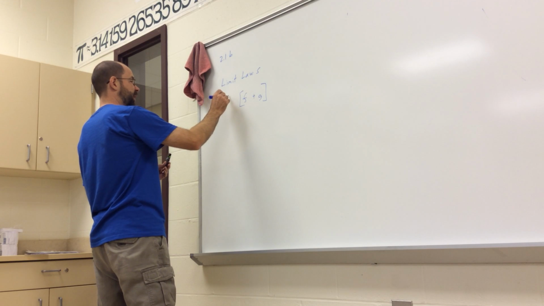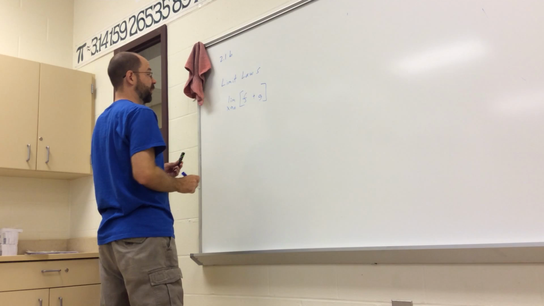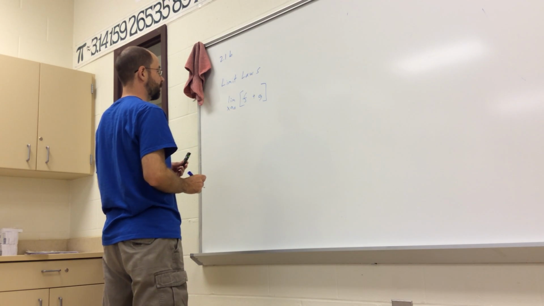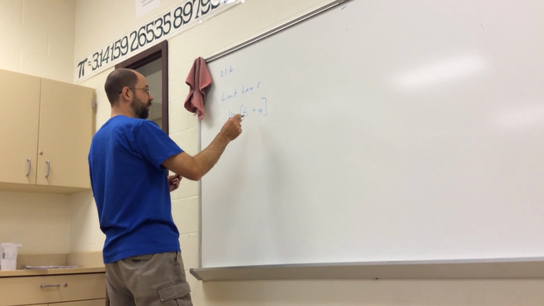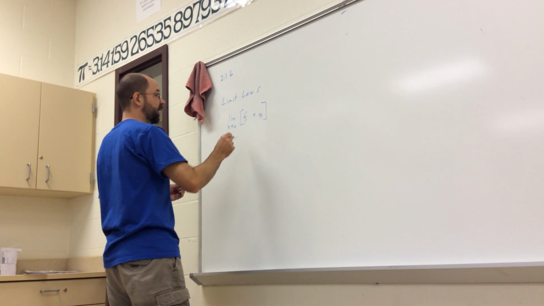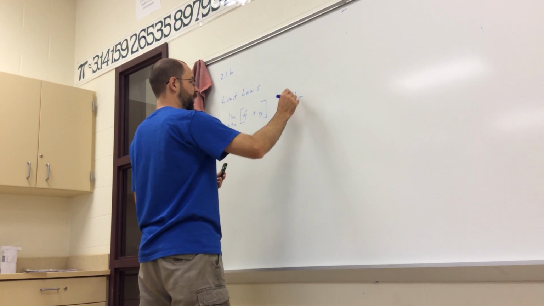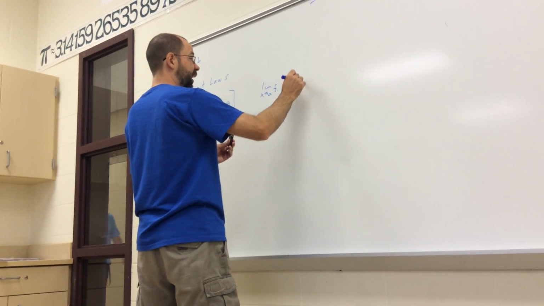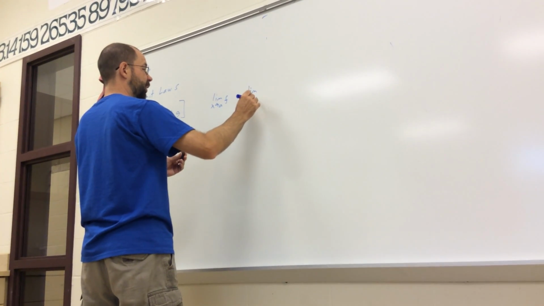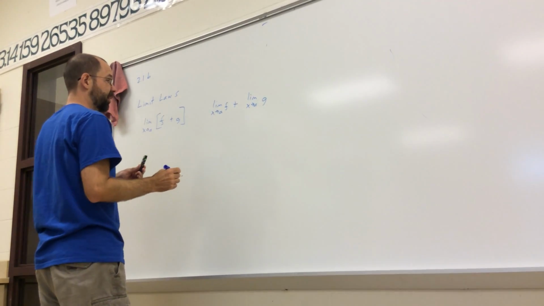And if you're calculating the limit as x approaches a number of that f plus g, it turns out that you can either calculate the limit of f plus g, or you can calculate the limit of f and then separately calculate the limit of g and then add those answers together.